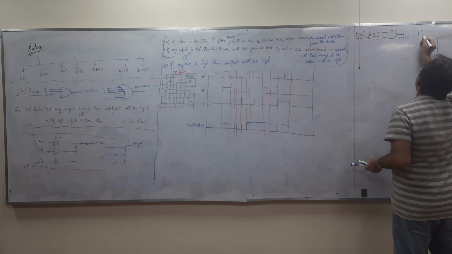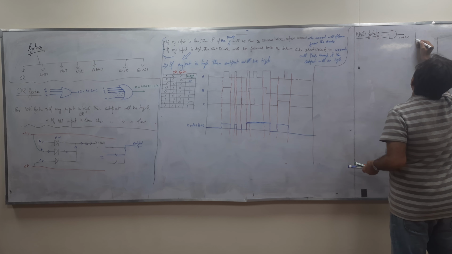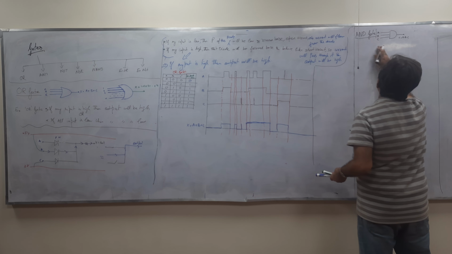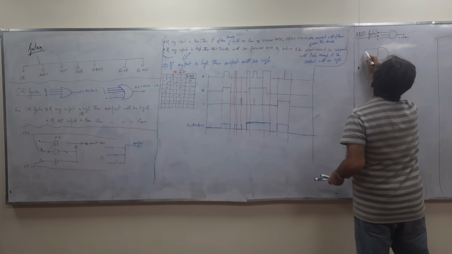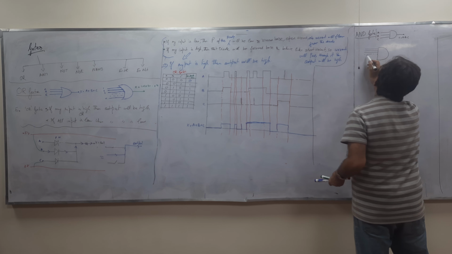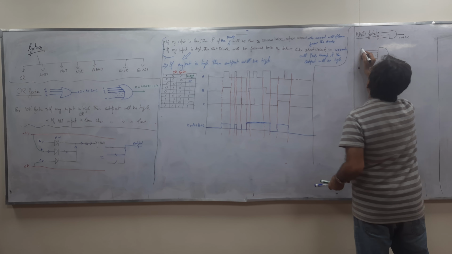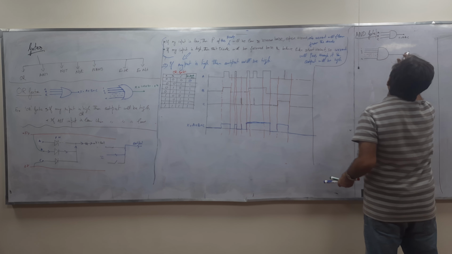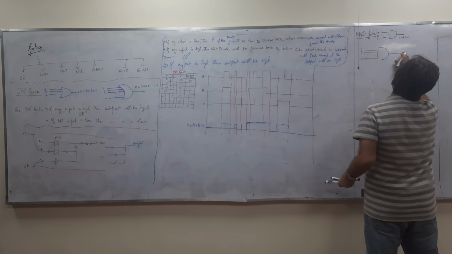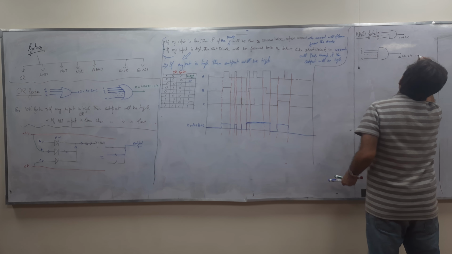It may also have more inputs, 1, 2, 3, and x will be the multiple of n numbers.